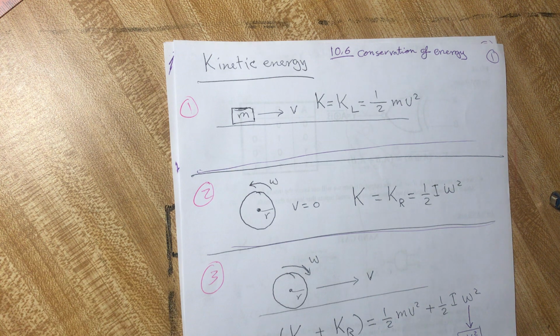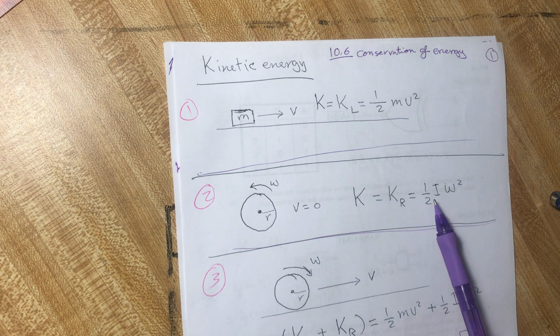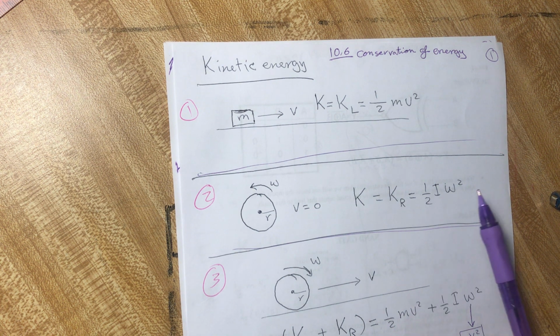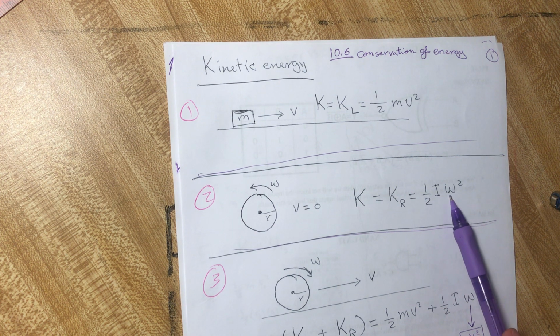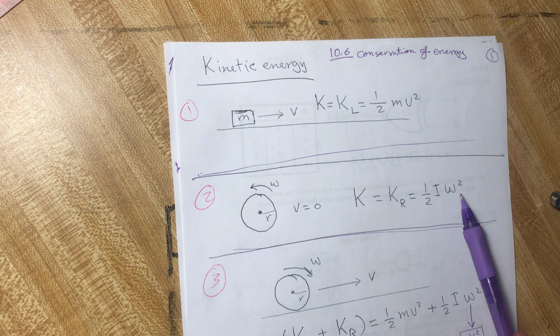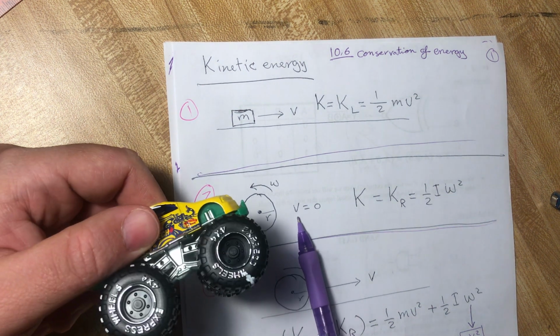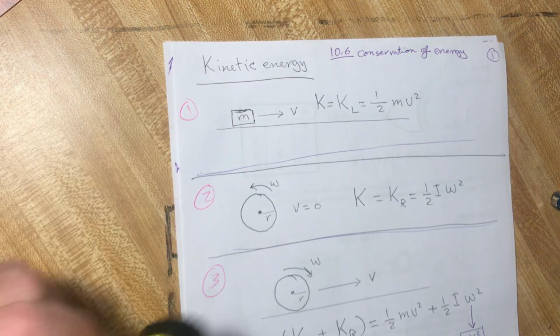So in this case, the kinetic energy is just rotational kinetic energy, which is equal to half the moment of inertia multiplied by angular velocity squared. This is the effective mass for rotated bodies, and this is the velocity for rotated bodies, which is the angular velocity. Linear velocity is 0. It is not moving.